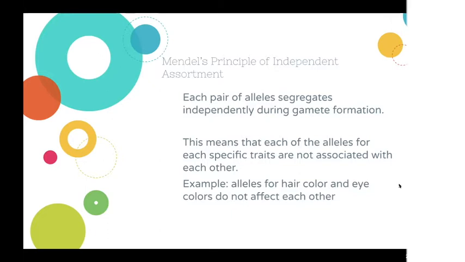So basically, each trait has two alleles determining the phenotype, and each trait's alleles are not associated with each other. So here we have an example. The two alleles determining your hair color and the two alleles determining your eye color will not affect each other.